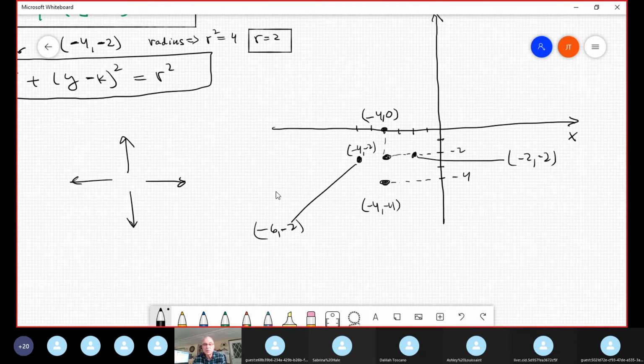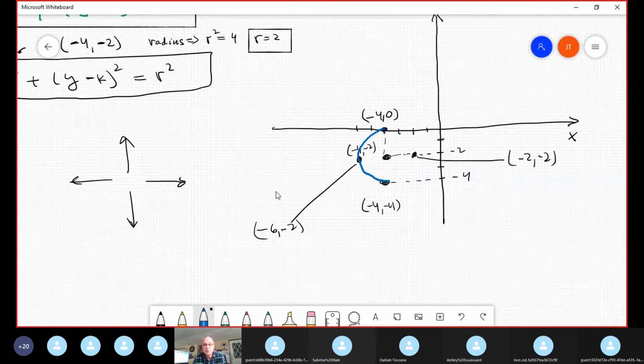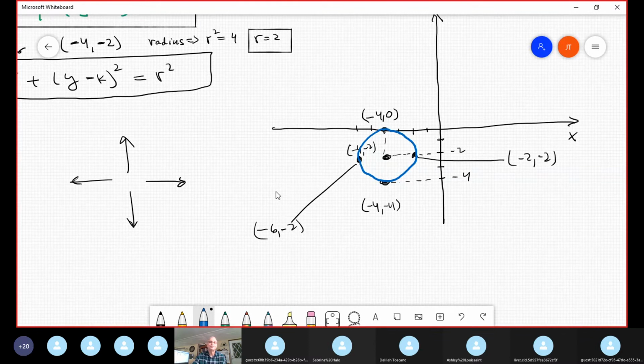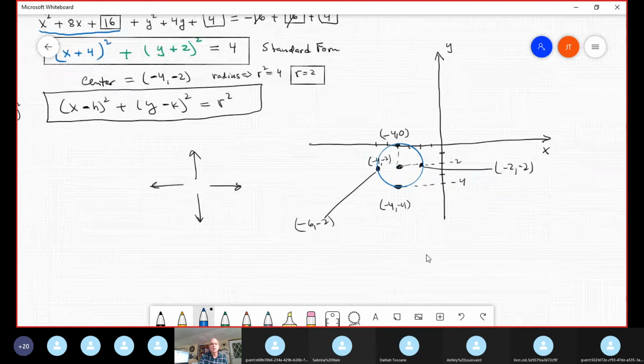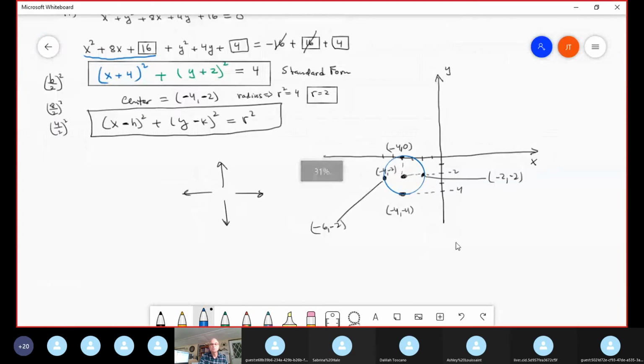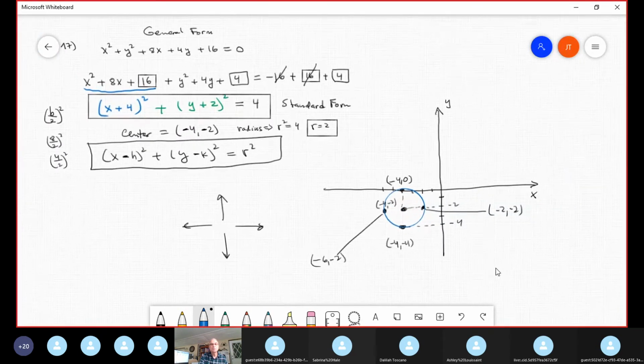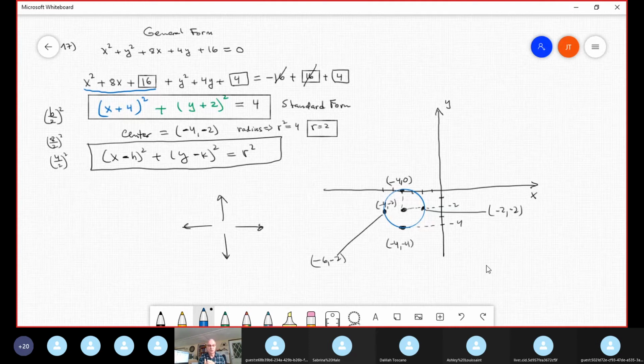Okay, now we connect those points using your skill to try to do a perfect circle. And the final answer. Wow. Any question? What part is confusing? Completing the square?